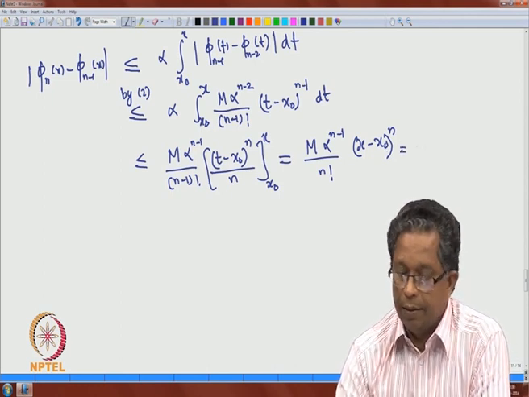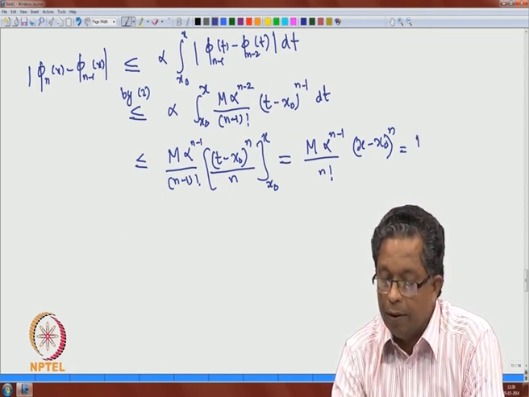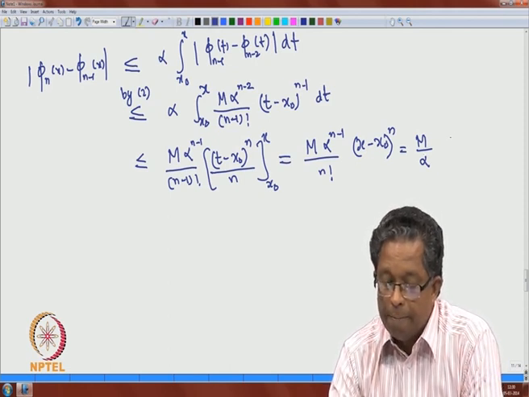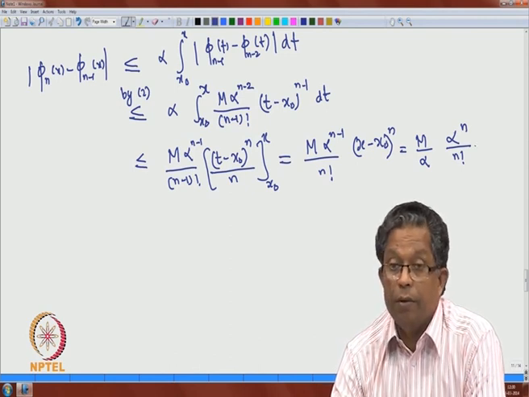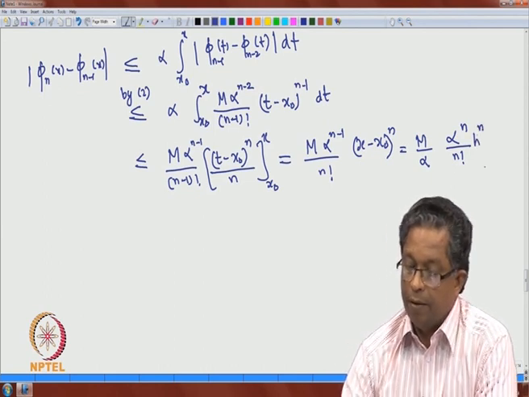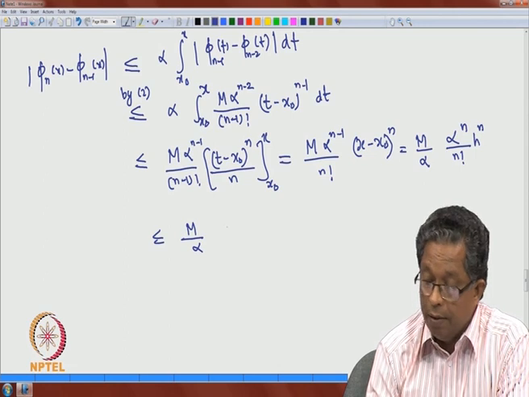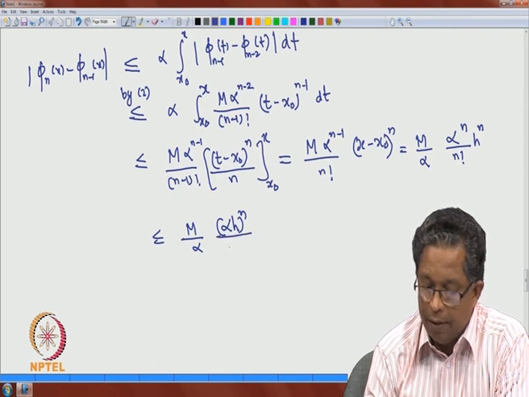So, with just an adjustment of constants, if I divide by alpha, M by alpha into alpha to the power n by n factorial into x minus x0 to the power n. Since x minus x0 is always less than or equal to h, this is h to the power n. So, therefore, this is less than or equal to M by alpha into alpha h to the power n by n factorial.